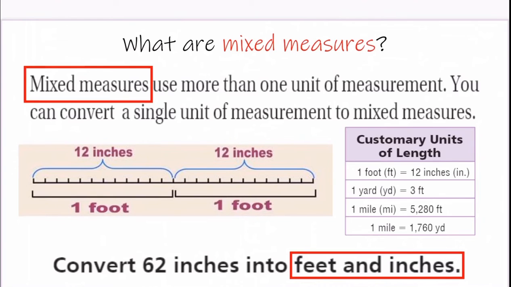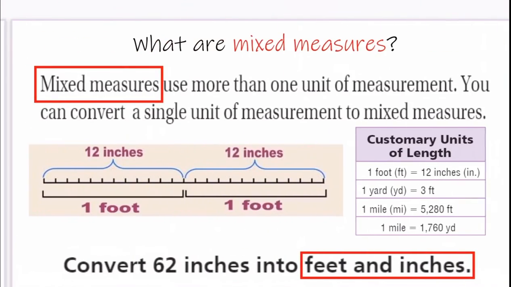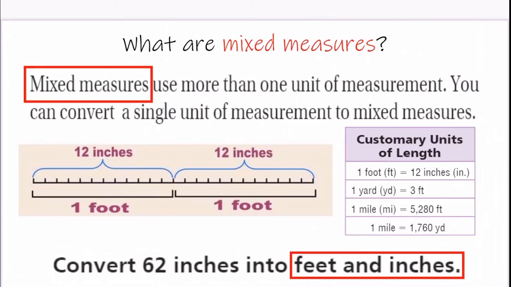So it's going to be 5 feet and 2 inches, if that makes sense. I hope that makes sense. The leftover, the remainder, or anything you want to call it, is going to be whatever was the divisor within the division problem.